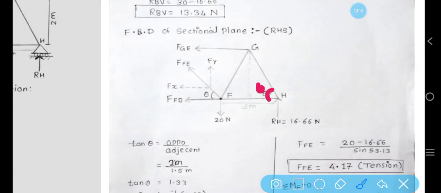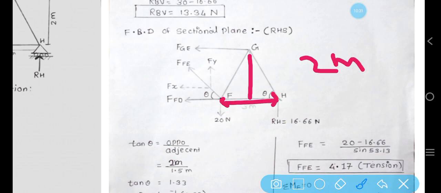We can take a perpendicular from the point G to the plane FH, from which it is given that the height is equal to 2 meter and its total length is 3 meter and half of that is 1.5.